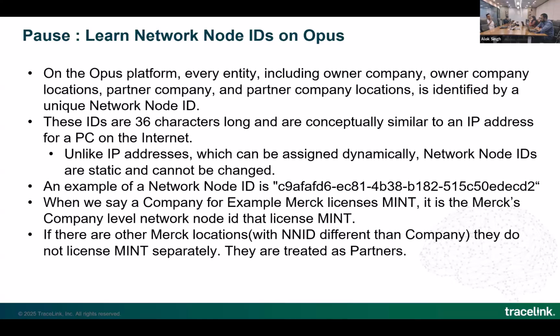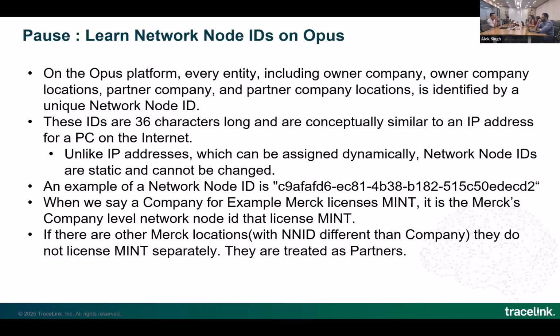Network node IDs are very similar to those 36-digit GUIDs that you see on Opus. Every entity has a network node ID associated. When we say entity, it can be owner company, owner location, partner company, or partner location. Each is treated as a separate entity with a unique network node ID.